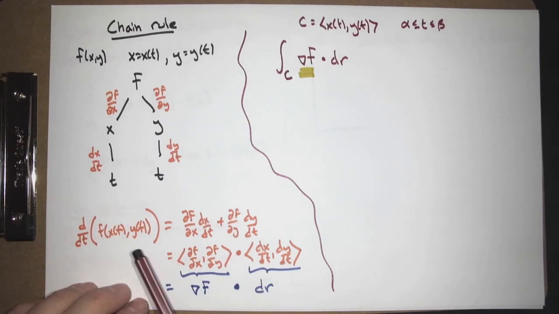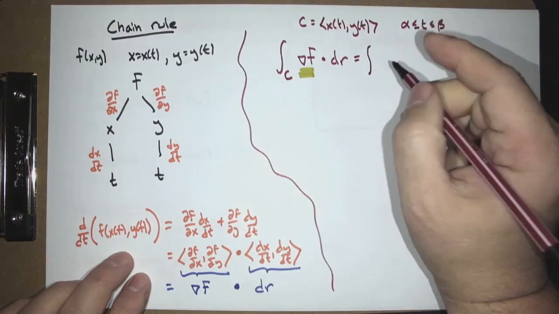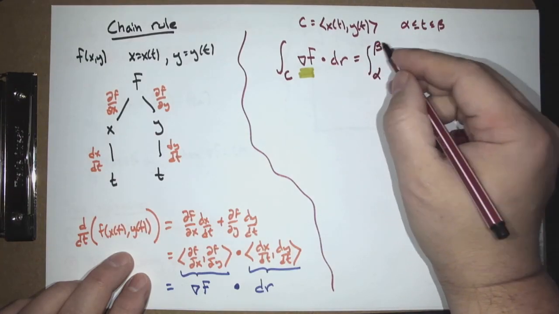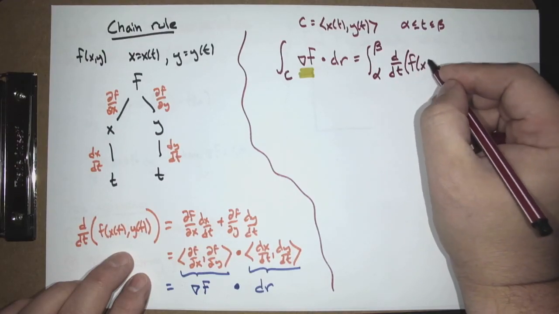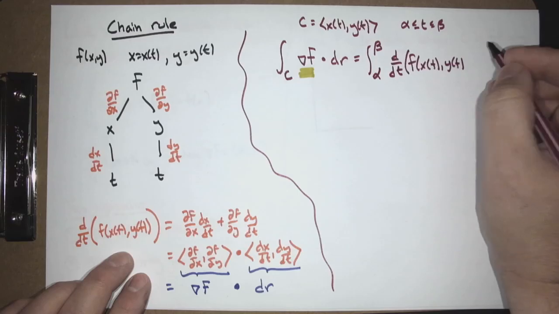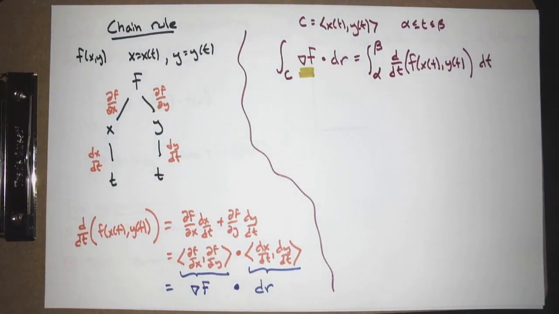Well, according to this it would become the integral, using our bounds, alpha to beta of the derivative of f of x of t, y of t, dt. Because I'm just replacing. Now, the challenge: is it possible to integrate a derivative of something?